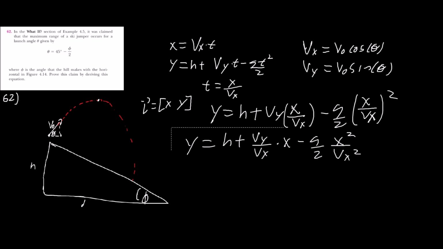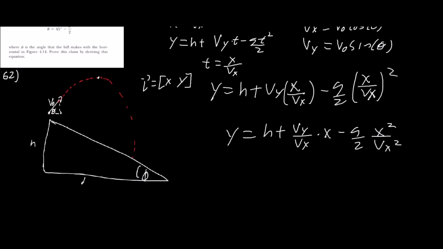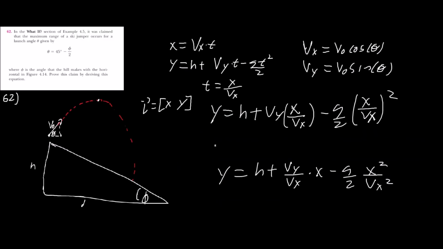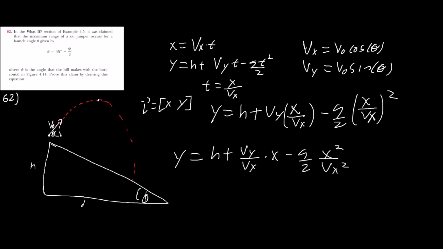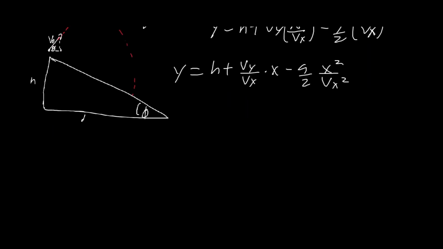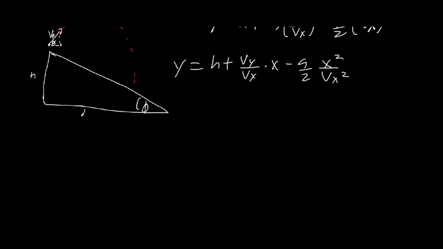Eventually I want everything in terms of one variable. So we're going to use another trick for this. I'm going to move this out of the way and use this right here.